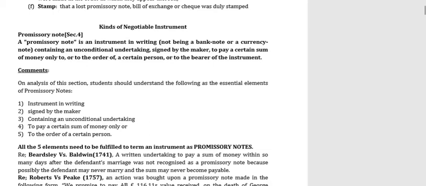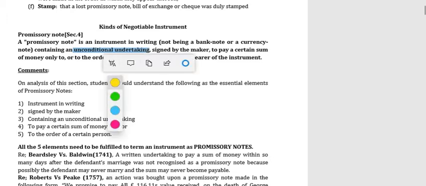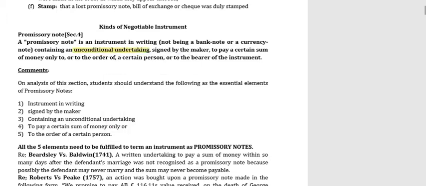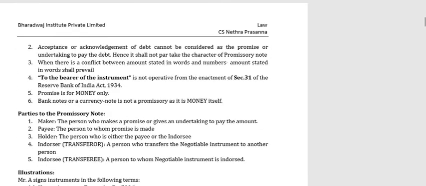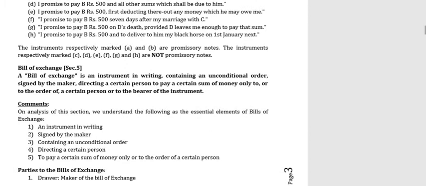When I am taking up the promissory note, a promissory note contains an unconditional promise, which means an unconditional undertaking. Okay, now when we read bill of exchange, I will also give you a clue. The definition of bill of exchange will be the same, but the word will just vary.